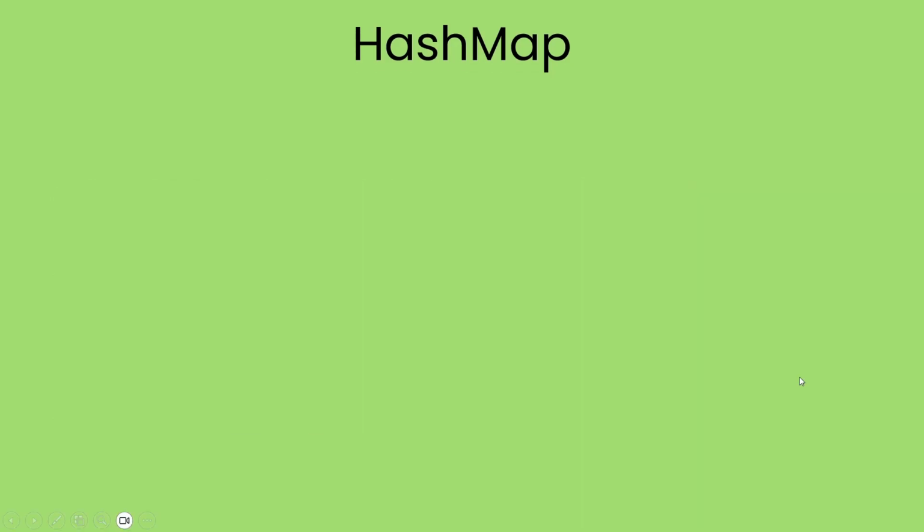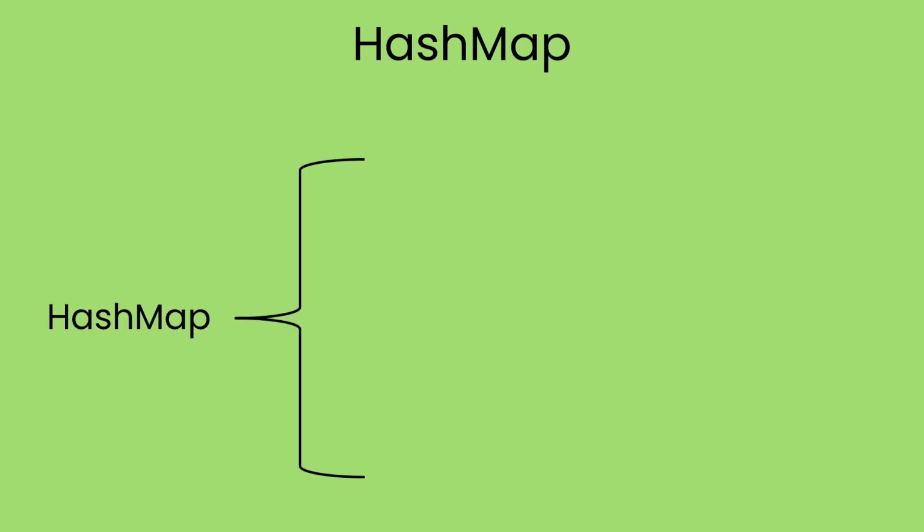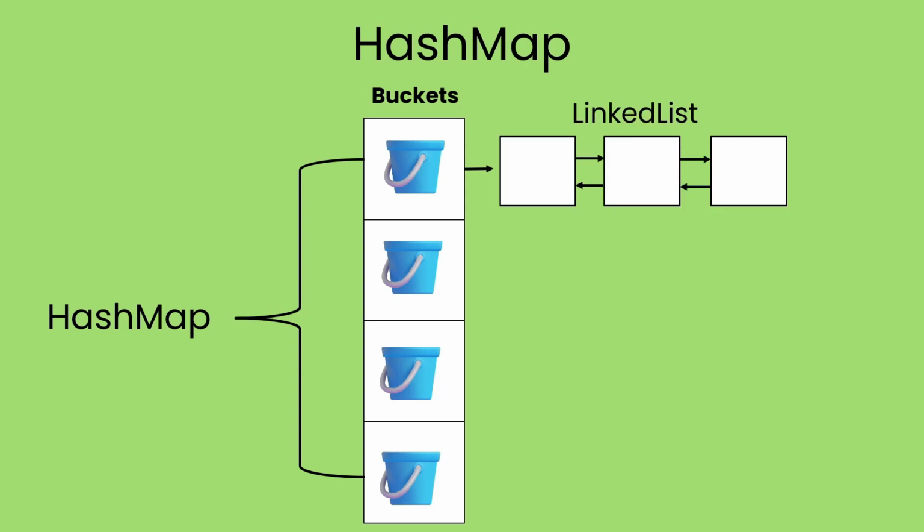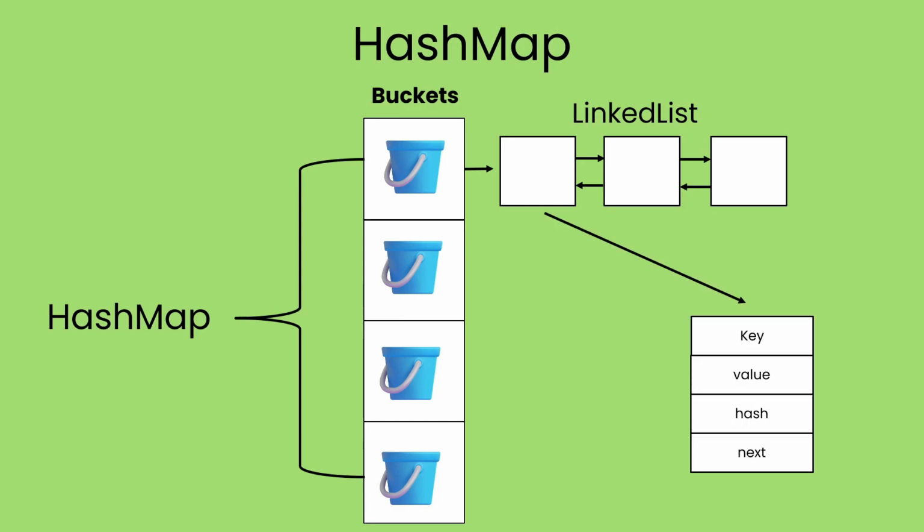Now let's see how hashmap looks like internally and how it works. So we can imagine inside hashmap we have the array, and array elements are called buckets, and each bucket is a linked list. And inside the linked list we have these nodes representing entries of the map.